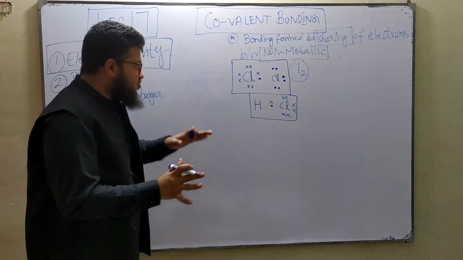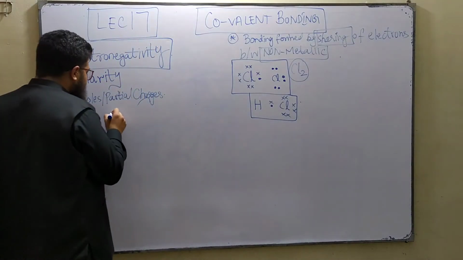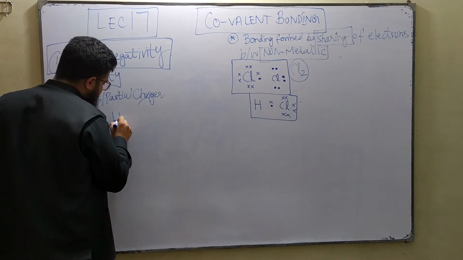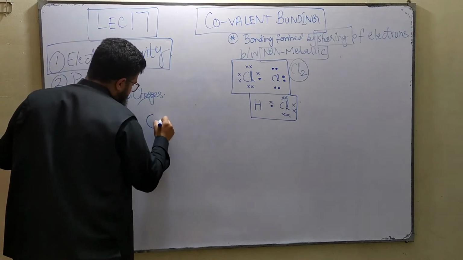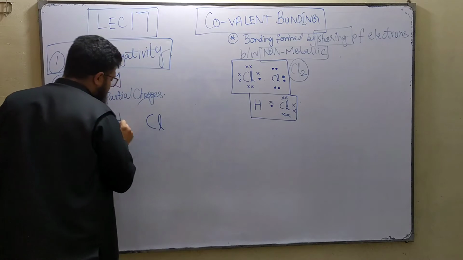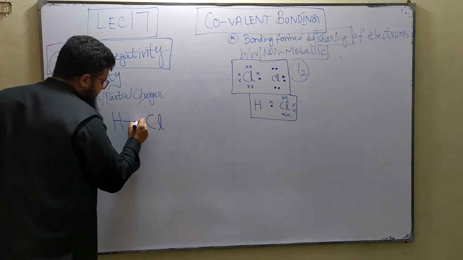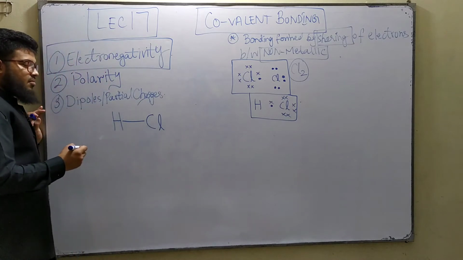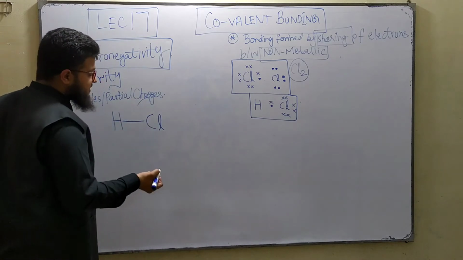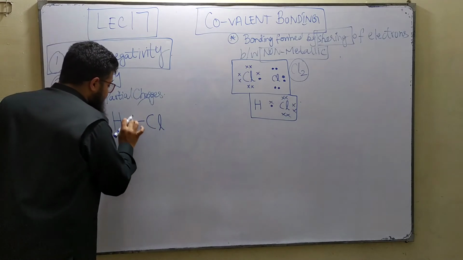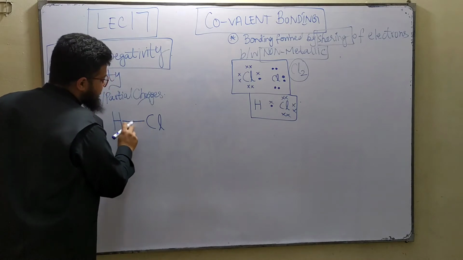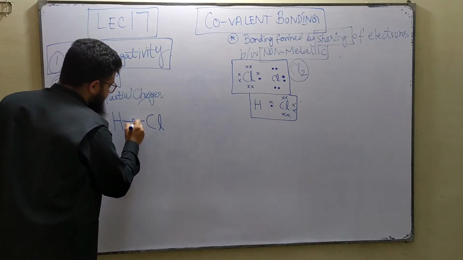Now I'll give you an example. For example, I have hydrogen and chlorine bonded to one another, hydrogen chloride or HCl, hydrochloric acid, and there is a covalent bond in between them, right? A single covalent bond, and you guys know that a stick also represents a covalent bond. Now the electrons which are here in this covalent bond, let me just draw them out for you.